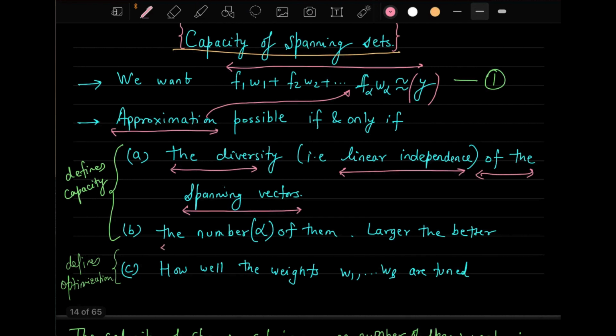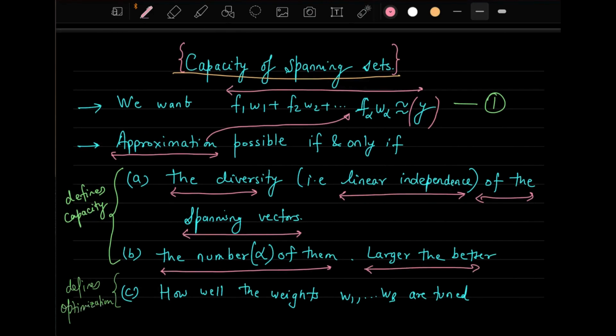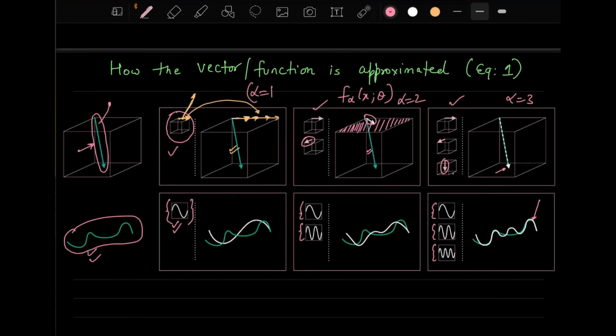And the second is the number of them, that is, how many of them are there. Larger is better. As you can see here, for alpha equal to 1, you were able to realize only the horizontal direction, but with alpha equal to 2, you were able to realize the vectors in the xy plane. When you increased it to alpha equal to 3, you are able to realize these vectors in xyz.